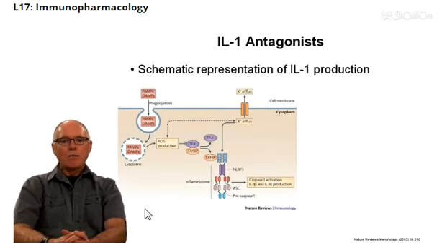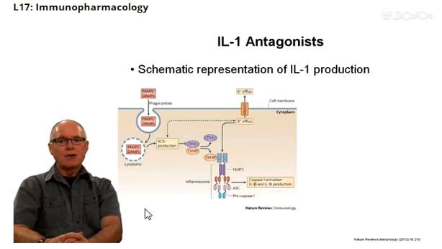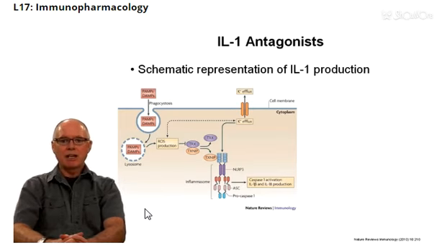IL-1 beta can be produced through an innate immune response. IL-1 beta is produced as an inactive 31 kilodalton precursor called pro-IL-1 beta. This is mediated through toll-like receptor signaling, which recognizes pathogen-associated molecular patterns, or PAMPs, and responds by inducing transcription of the pro-IL-1 beta gene.